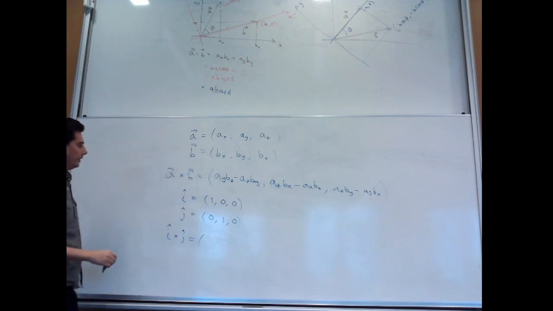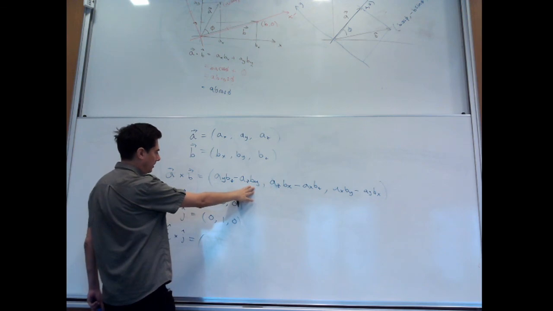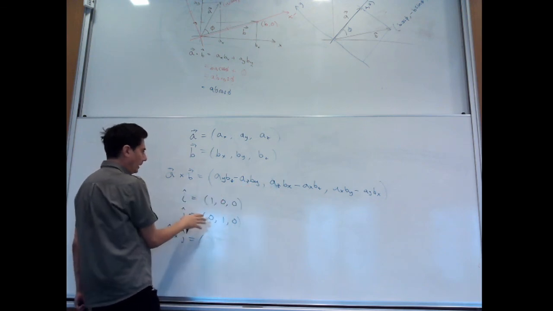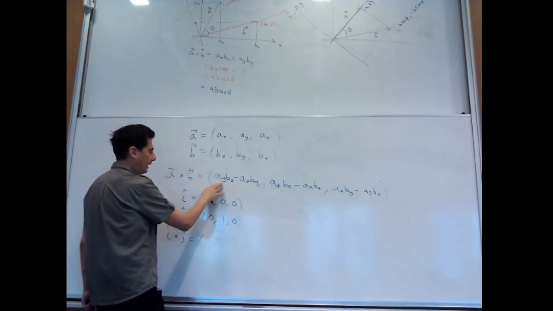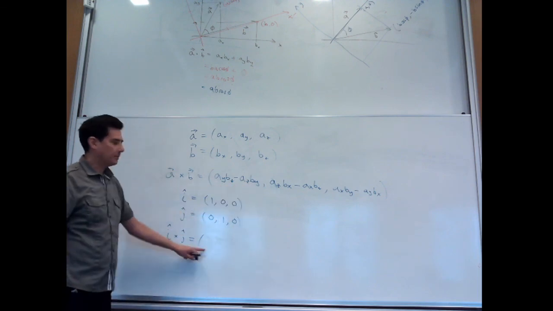Okay, so we can just look at this formula here. If we apply this formula, this is aybz minus azby. What's the x component going to be?